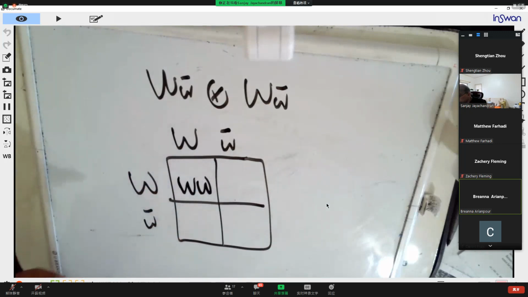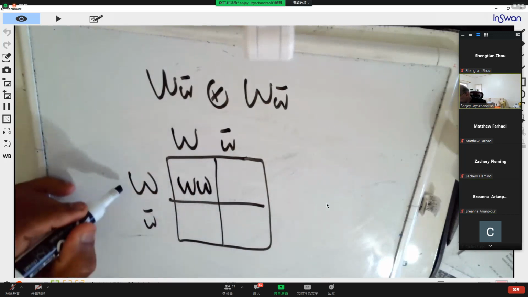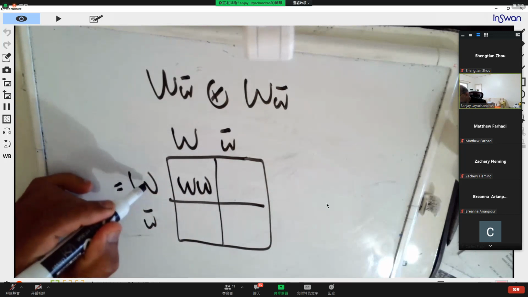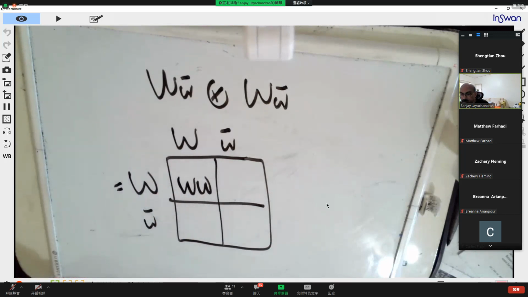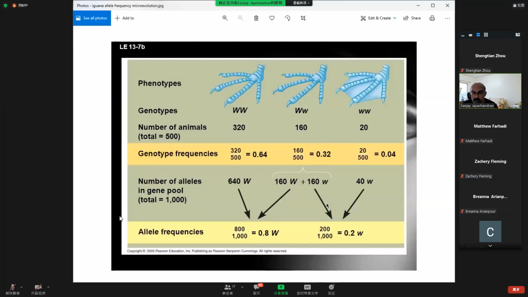Okay, so if I go on to the other crosses, what was the frequency of just the big W alone? What was the percentage? Anybody remember? Let's go back. What was the percentage of just the big Ws alone? 64 is the genotype.